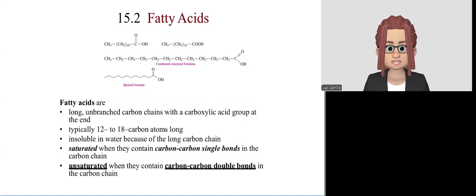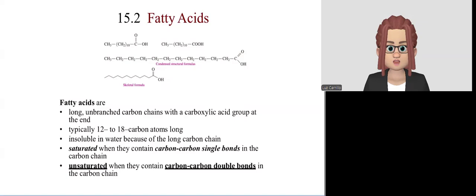When it comes to fatty acids, let's understand that there are different ways to draw them. In the figure that we see in the slides, we have several ways, and we can write the condensed structures for the fatty acids, and then we can see the structure of a skeletal chemical formula for a fatty acid.